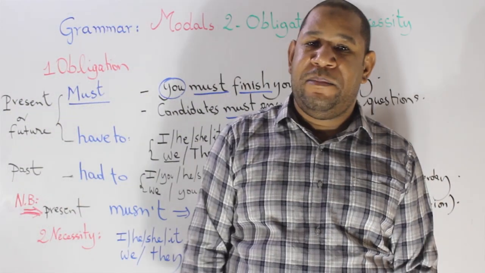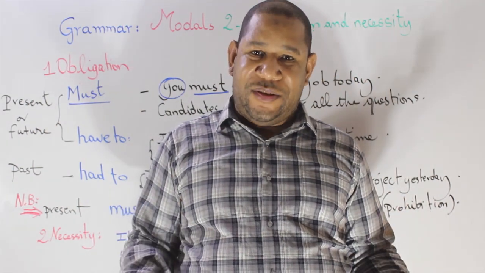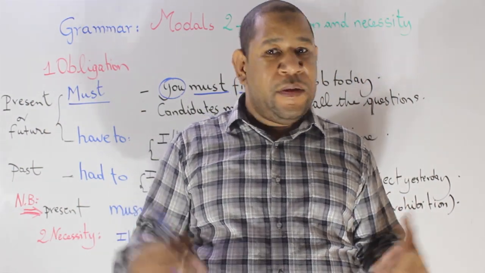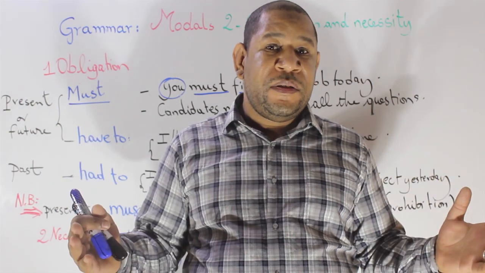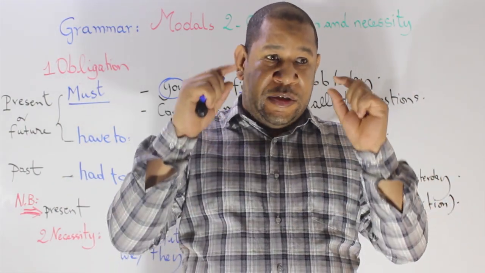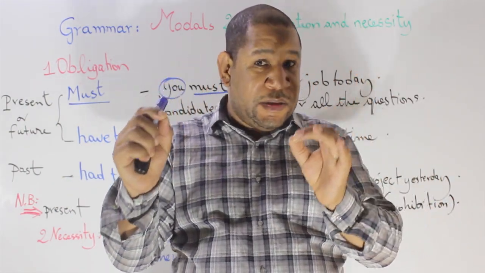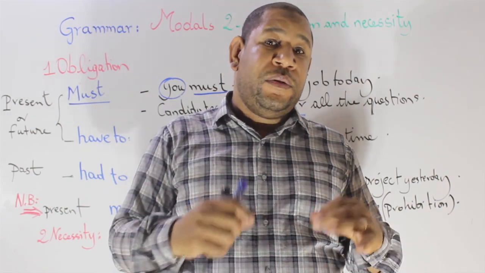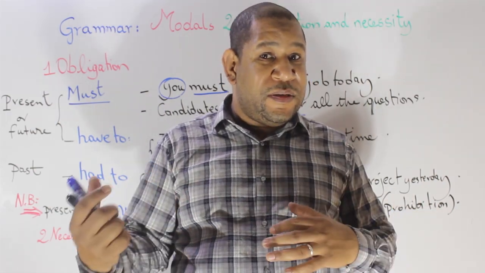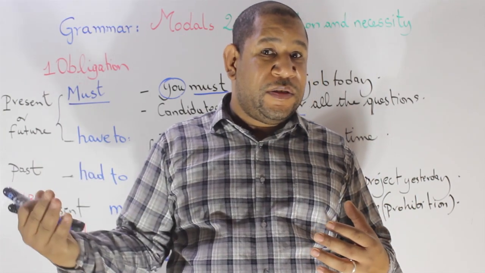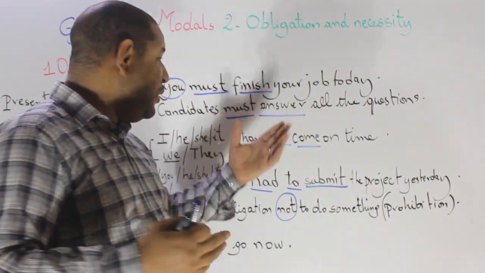I had to submit the project yesterday. Okay? That's obligation in the past. We don't have a problem. Just remember, when you have obligation in the past, you use had to. When you have obligation in the present, we use must for you or for a direct statement like this one.